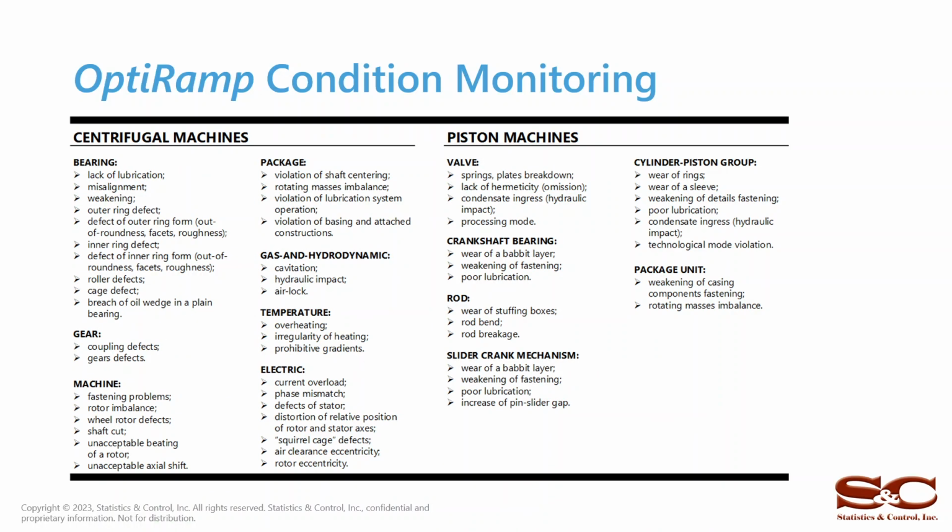So with condition monitoring, one of the nice aspects of our software is there's a lot of different calculations, a lot of different things that we have. We have a very detailed model of each individual unit, as well as a very detailed process modeling system.